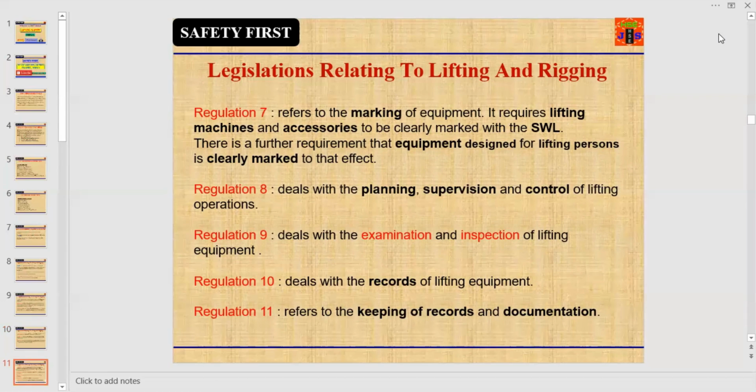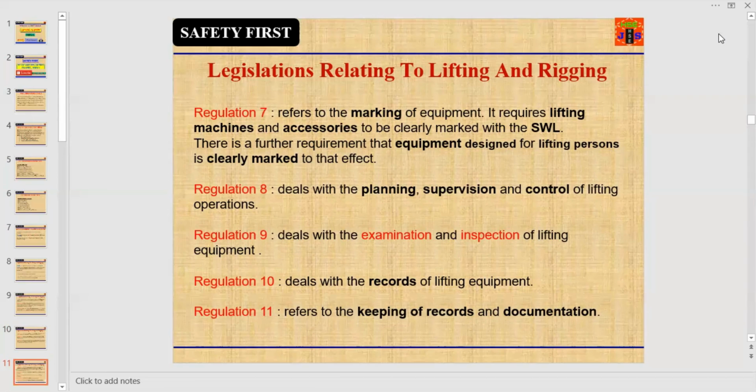Regulation number 7 refers to the marking of equipment. It requires lifting machines and accessories to be clearly marked with the SWL. There is a further requirement that equipment designed for lifting persons is clearly marked to that effect. Regulation number 8 deals with the planning, supervision, and control of lifting operations.